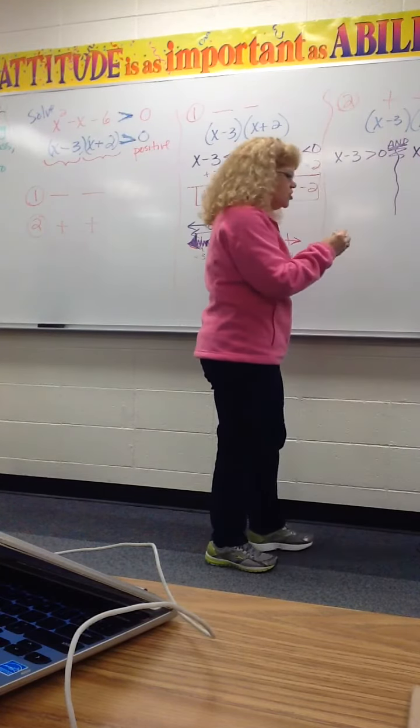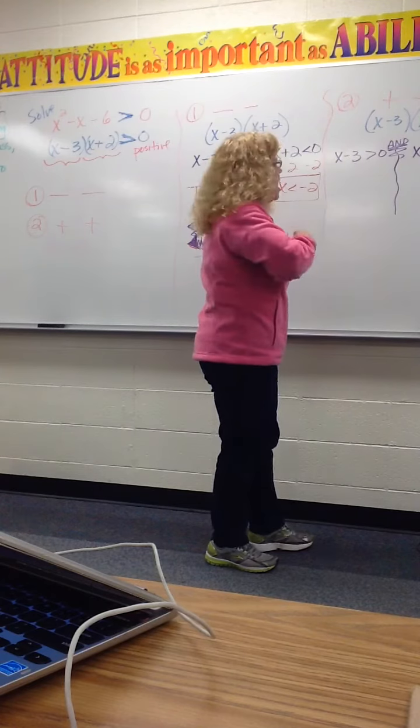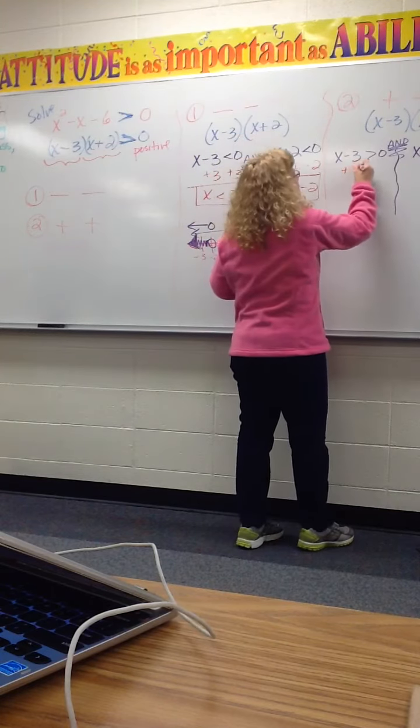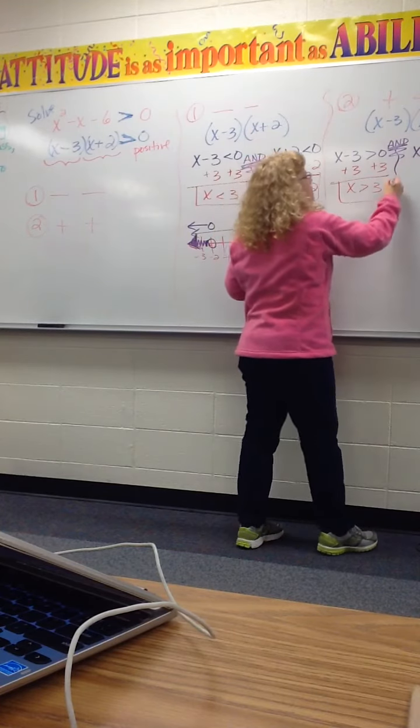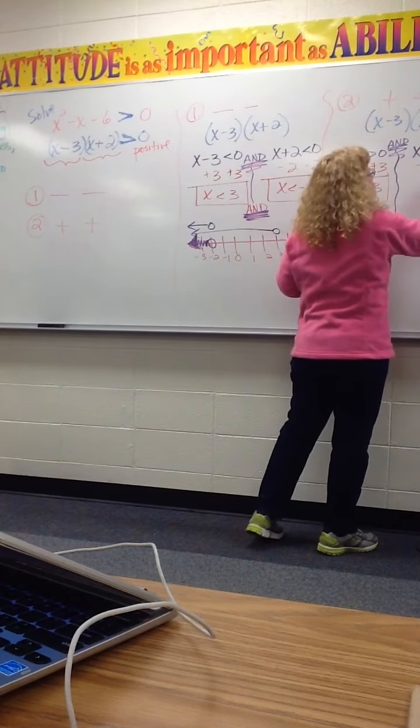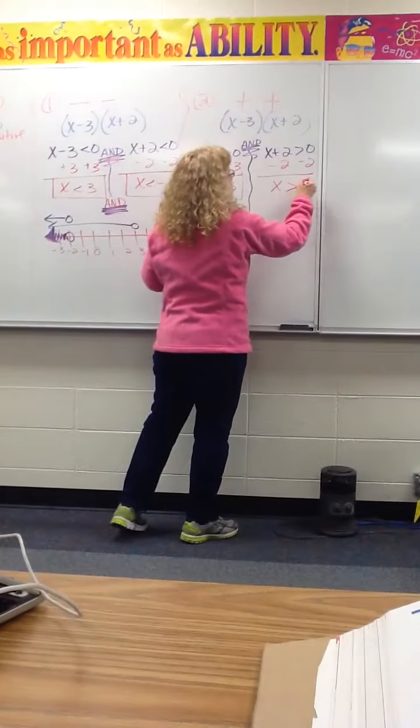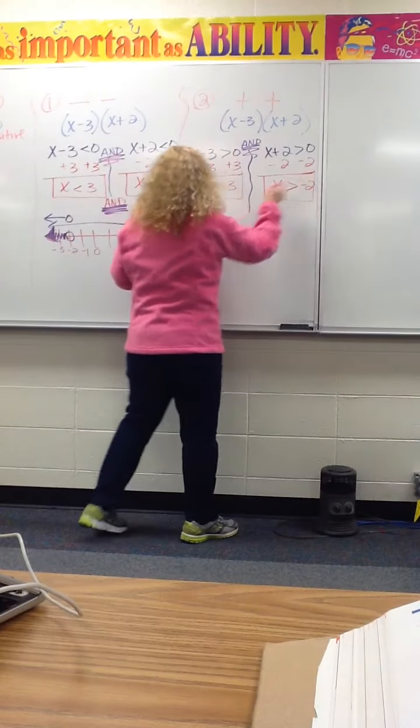And then solve it just like we did the others. So x greater than 3 is one possibility. And x greater than negative 2.